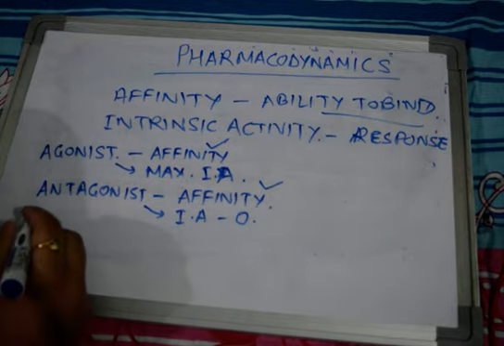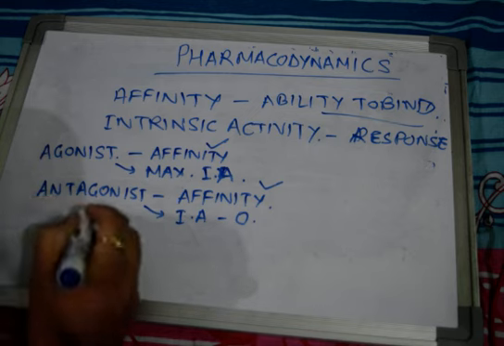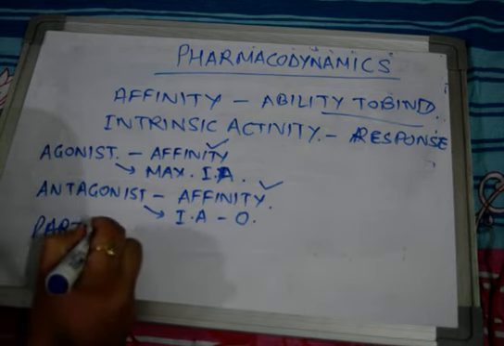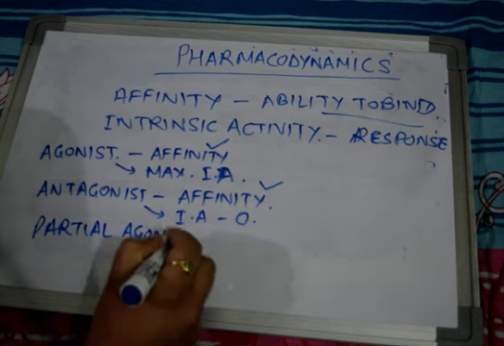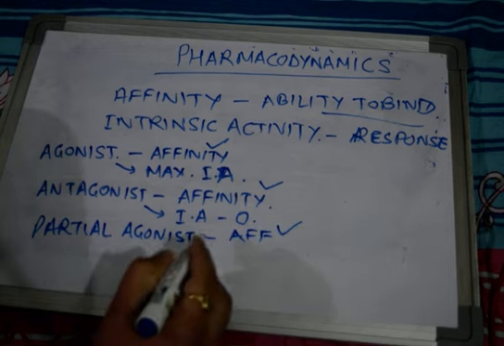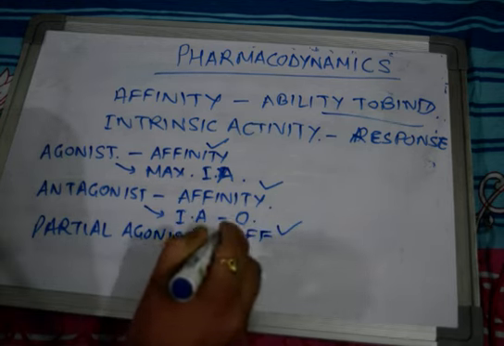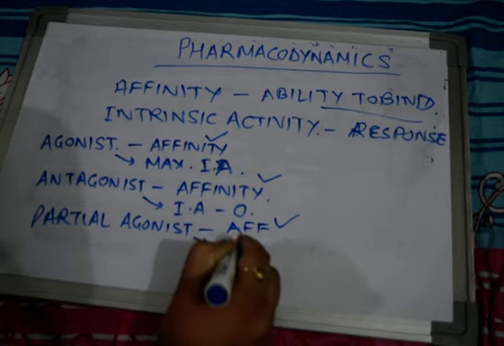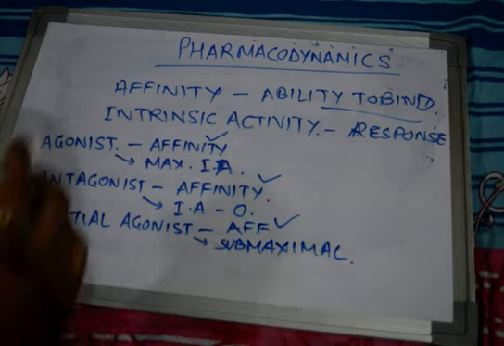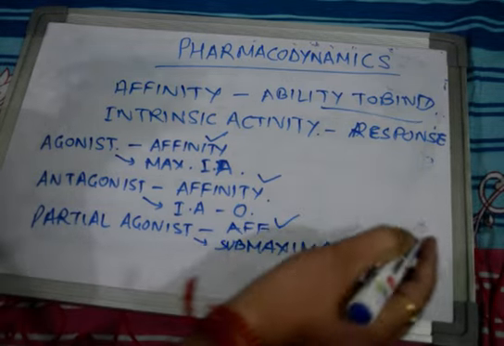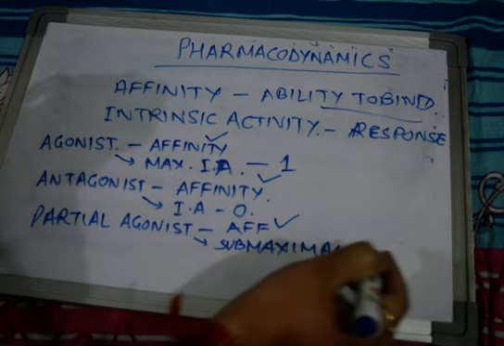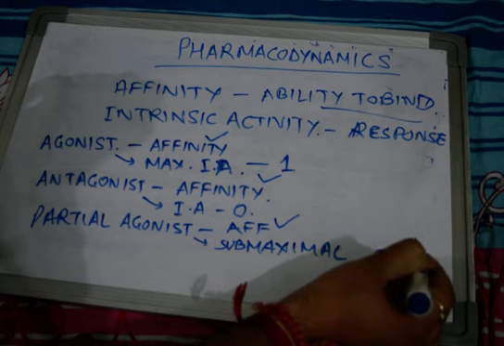Being 0, it only blocks the action of the endogenous ligand and does not do anything else. Okay, then coming to the third thing, the partial agonist. The partial agonist will have affinity, again affinity is there, yes, but the intrinsic activity is submaximal. Submaximal means if I give agonist a degree of 1, it will lie between 0 and 1.